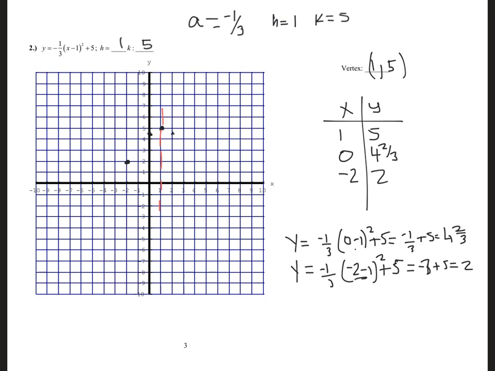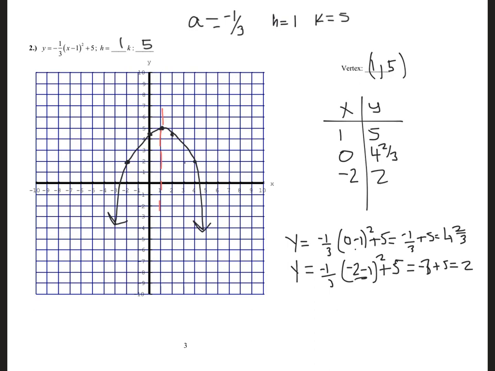So I can reflect that for the axis of symmetry. And 1, 1, 2, 3, 1, 2, 3. And you can see this one is wider because it has been vertically shrunk. So that's my graph right there.